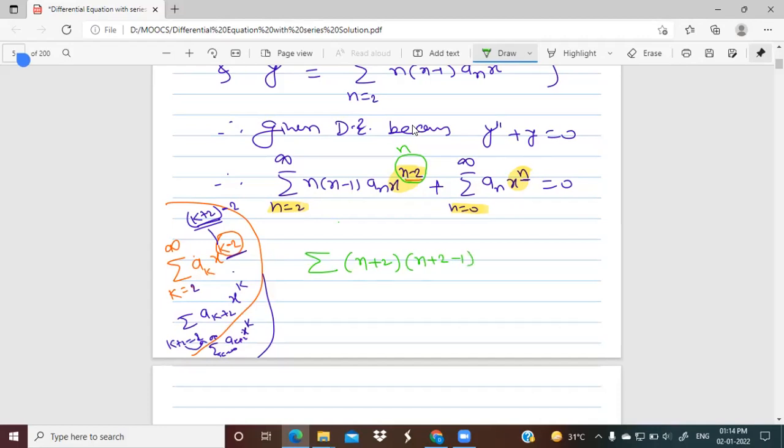Now this minus 1, a n plus 2 into x raised to power n plus 2 minus 2, directly n, plus this term as it is, a n into x raised to power n, n equal to 0. We are not making any change in the second. But here n is equal to 2. I am taking here n minus 2 equal to 2 because I am replacing n by n minus 2.